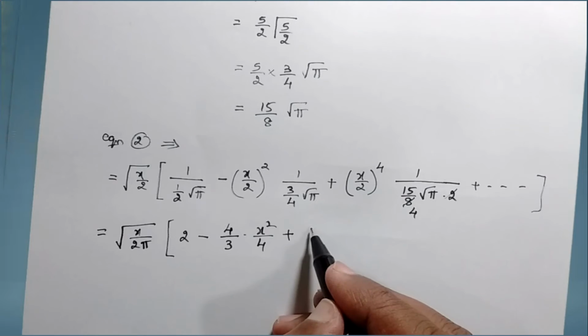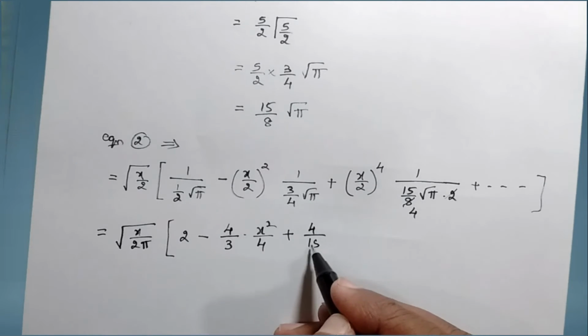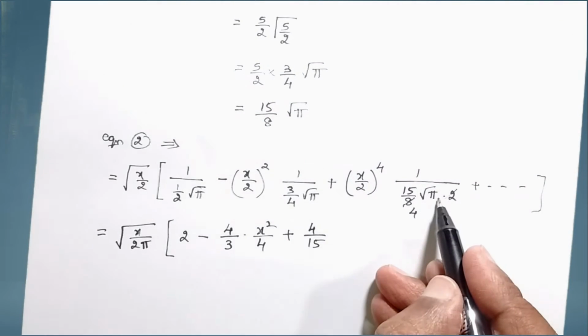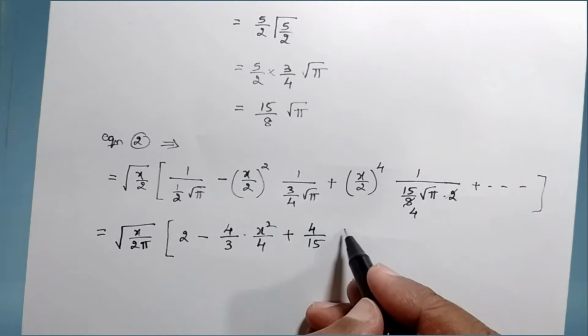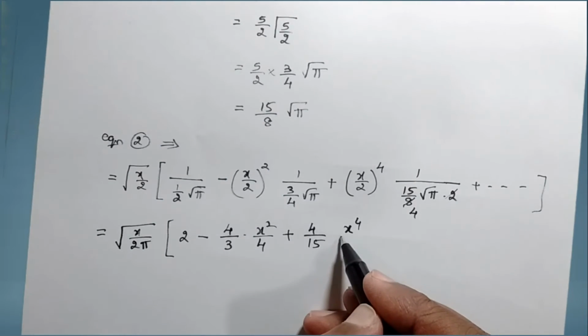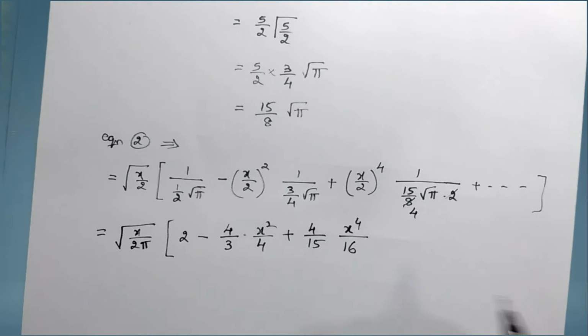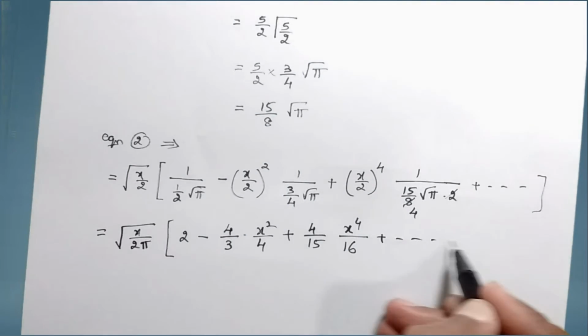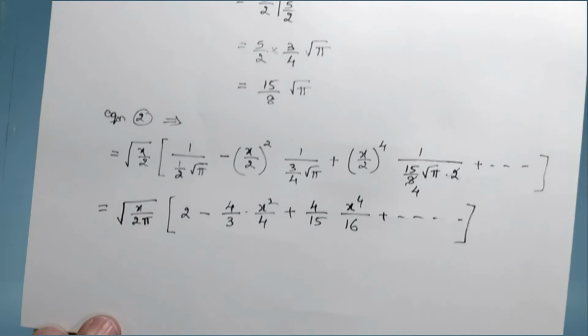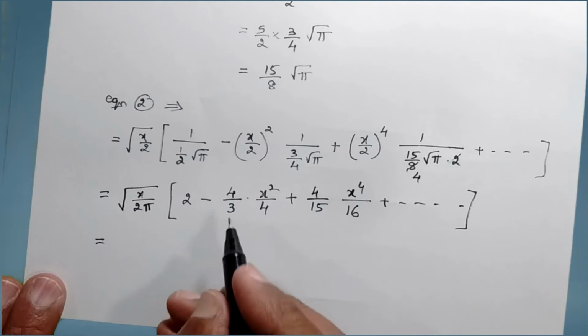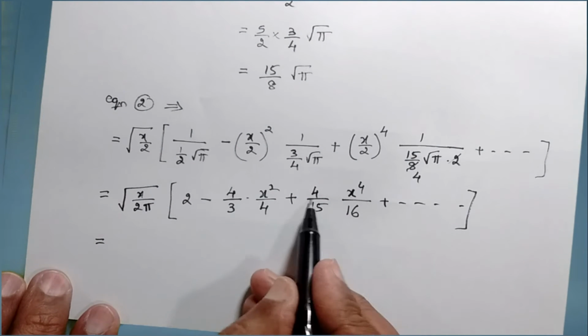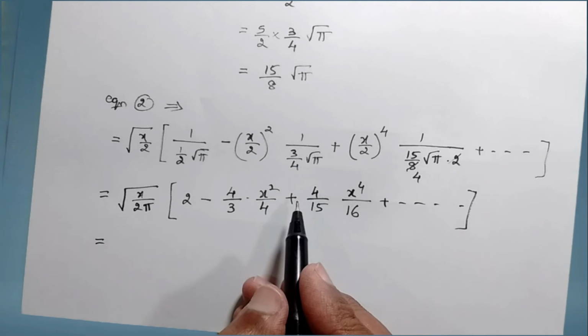Again this 4 by 15, if I take the reciprocal, square root is taken outside into x power of 4 divided by, it is 2 power of 4 will be 16, and the rest of the terms. Or further, if you try to see over here, 2 is common, so I can take 2 common outside.